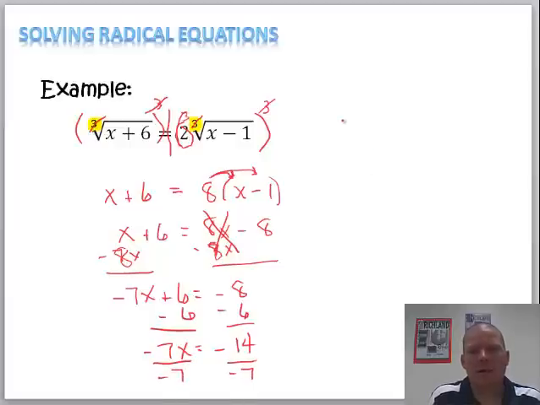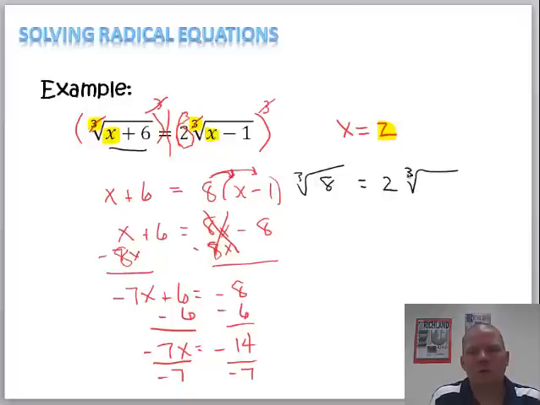And that gives me, I'm going to put my answer up here to the top, x equals 2. I can check this by plugging the 2 in to this x and this x. So I'm going to go ahead and do that real quick. So I have the cube root of, I'm going to put the 2 in for x, 2 plus 6 is 8, equals 2 times the cube root.